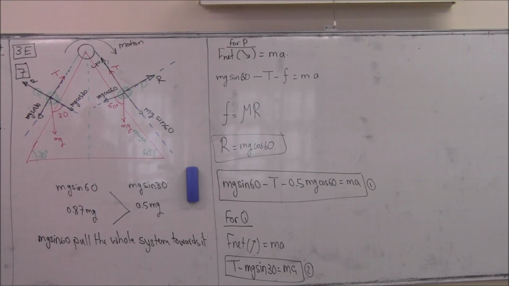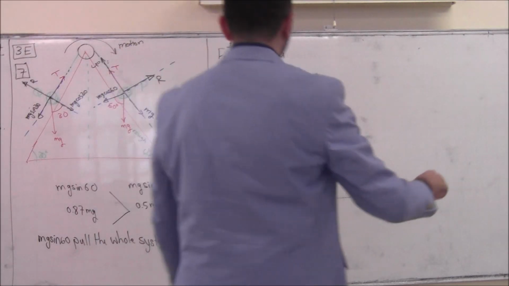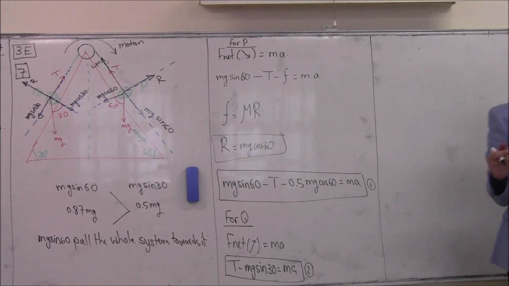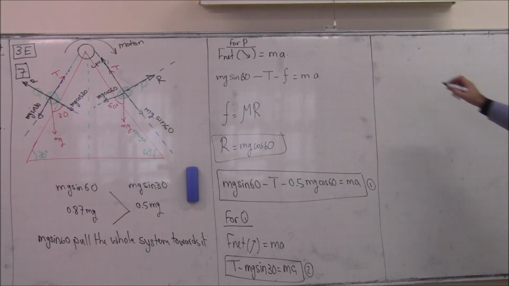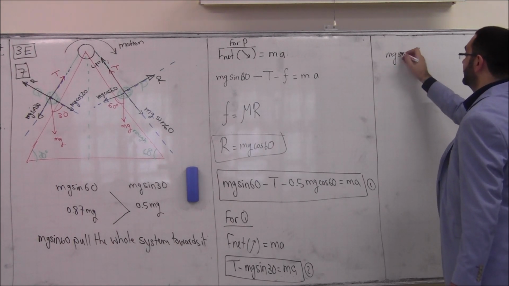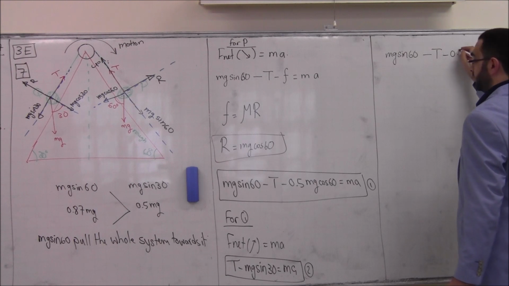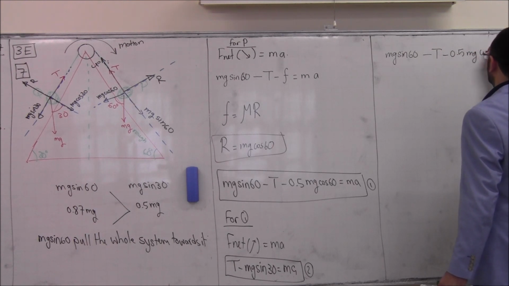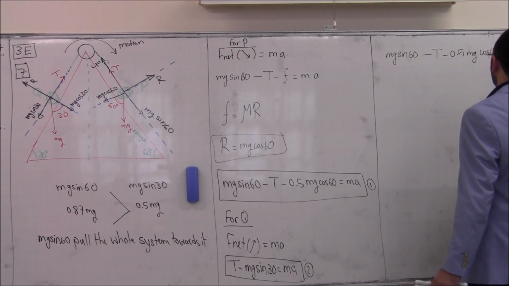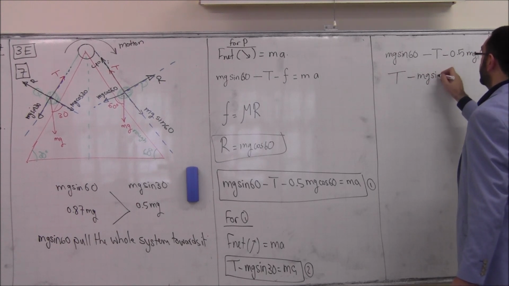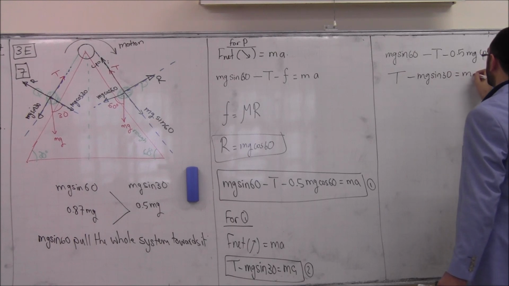Now what do I have to do? I have to add these two equations simultaneously. By adding them, I will get tension and acceleration. Look, mg sine 60 minus tension minus 0.5 mg cosine 60 equals ma. T minus mg sine 30 equals ma.